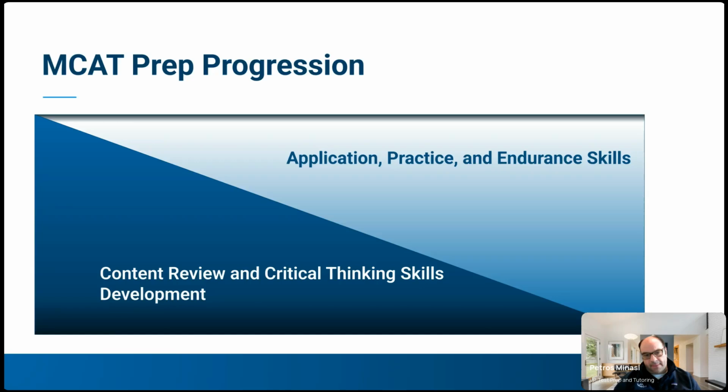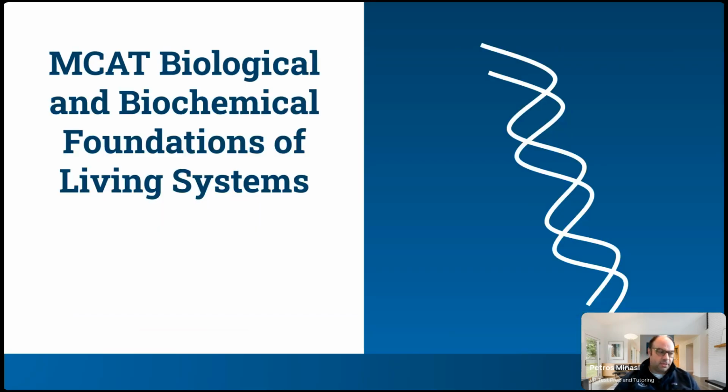So when we're looking at the MCAT prep progression, we have to also be mindful of the fact that you do have 4 different sections and you have lots and lots of different topics that you're going to be responsible for, and is pretty much fair game on this exam. When we look at the bio section specifically, we want to make sure that we are in the parameters of what can be tested in the bio section.